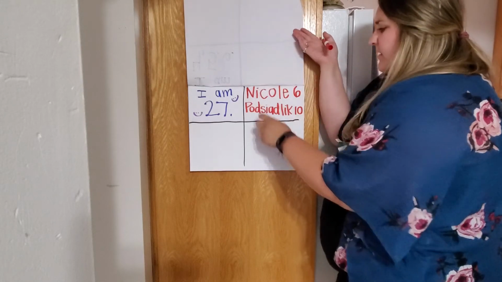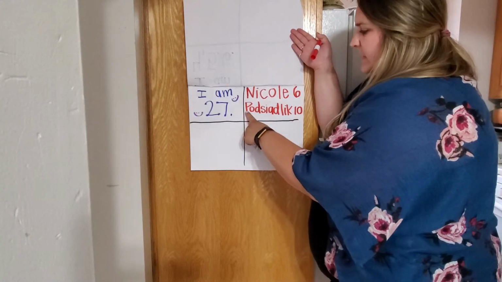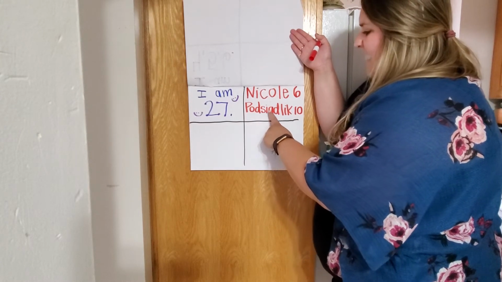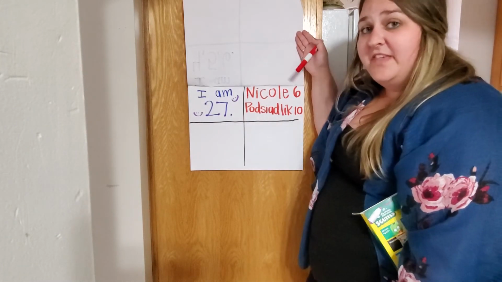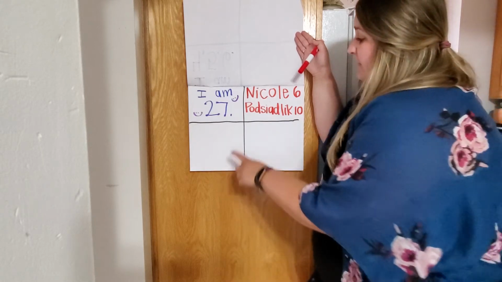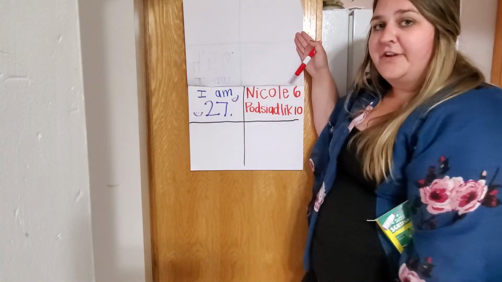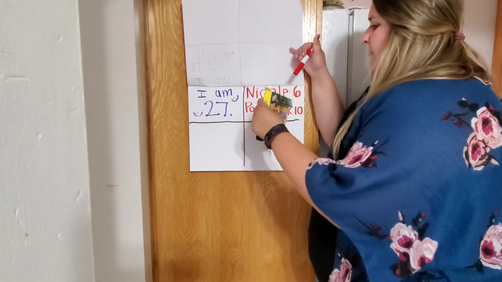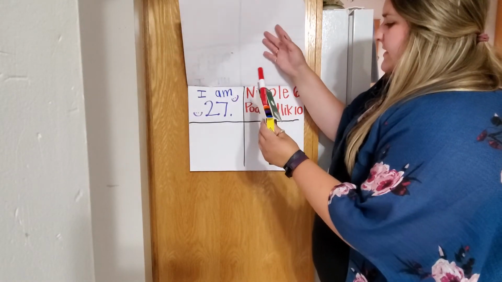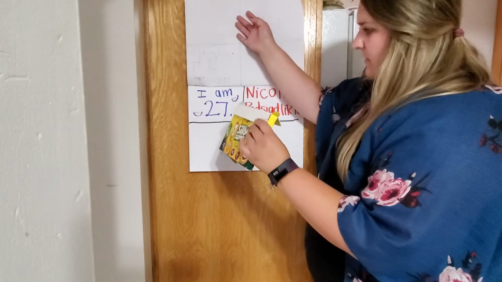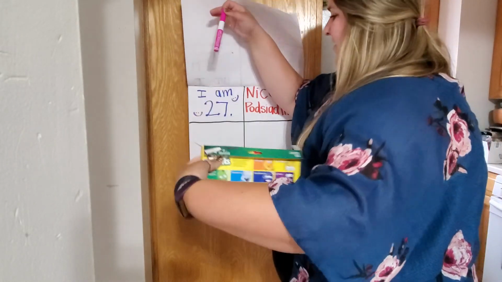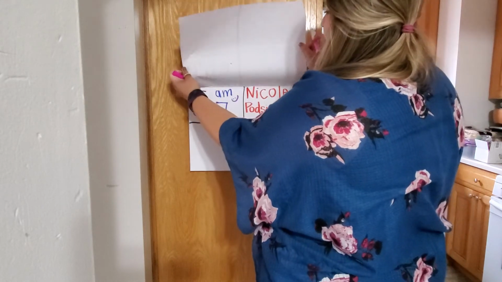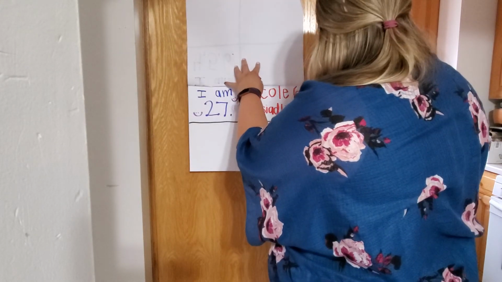Did you notice that when I was counting, I pointed to each letter and I put my finger on each letter so that I would make sure not to miss one. So that's the correct way to make sure that you don't miss any of the letters that you're counting in your name, okay? After you're done writing your numbers to tell how many letters, you can feel free to draw some decorations in the box.